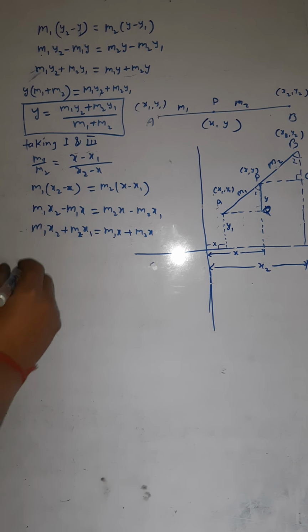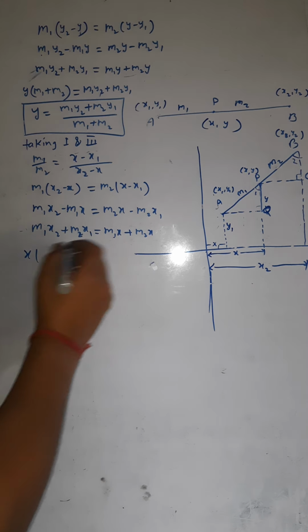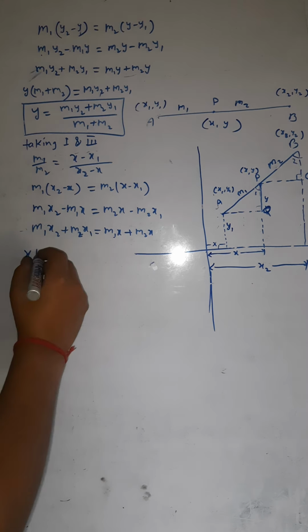Here you can take x common, so inside there will be m1 plus m2. Here write it as it is, m1 x2 plus m2 x1. So from here the value of x would be equal to m1 x2 plus m2 x1 divided by m1 plus m2. This is again the section formula.